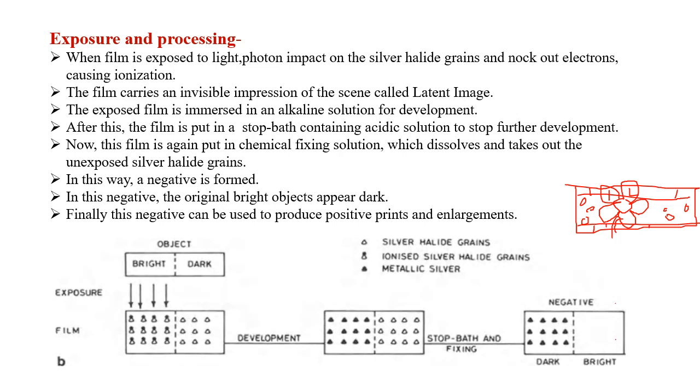In other words, we can say that this film is going to wash, which washes away any remaining silver halide from the film that has not been exposed yet, and in this way we finally get the positive film.